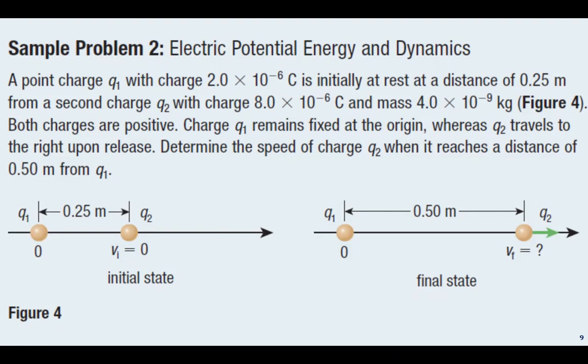Charge Q1 remains fixed at origin, whereas Q2 travels to the right upon release. Can you determine the speed of charge Q2 when it reaches a distance of 0.50 meters from Q1?